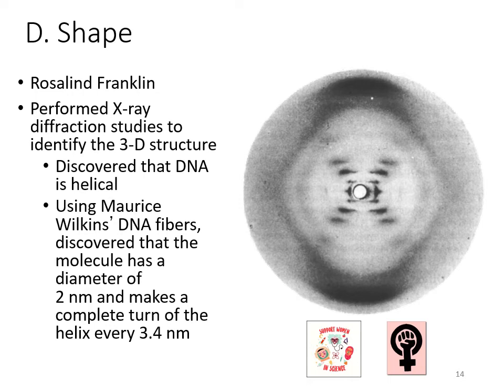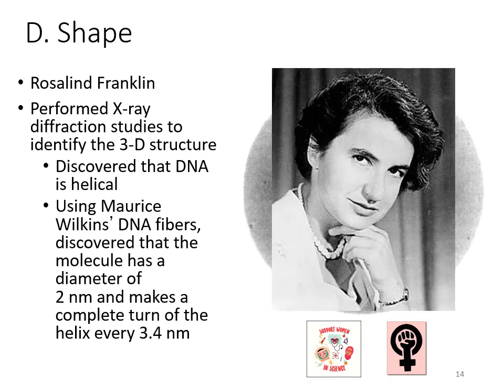Now, when I look at this image, I do not see what she sees, but somehow this image means that you have a double helix, a twisting ladder, essentially. She did a lot of science to get to that point. Then Watson and Crick were able to take her work and other people's work and put together a full 3D model of what DNA looks like.